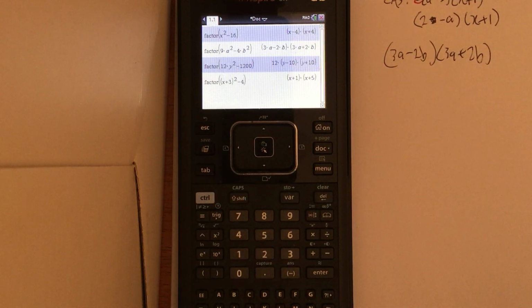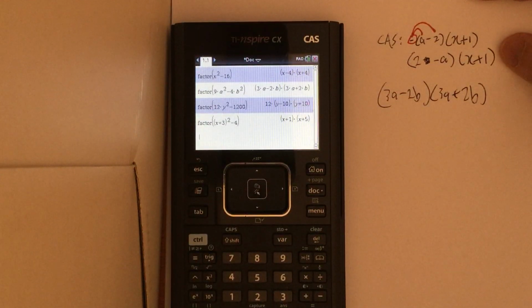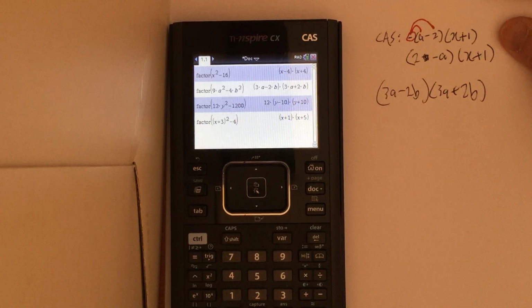Okay, how's that for the lighting? Slightly better. If you couldn't see that very well, I just realized the light isn't too clear with that one there. Just for your information, examples 4 and 5 can be done on the CAS straight away.